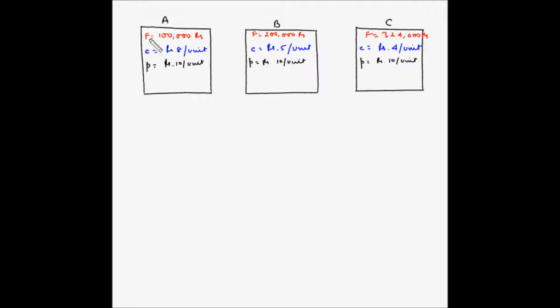But before that, let's look at the information that has been provided to us. So F stands for the fixed cost, which is for firm A 100,000 rupees. Small c has been used for the unit variable cost, and small p has been used for the unit selling price.